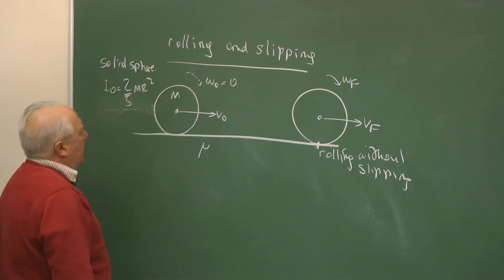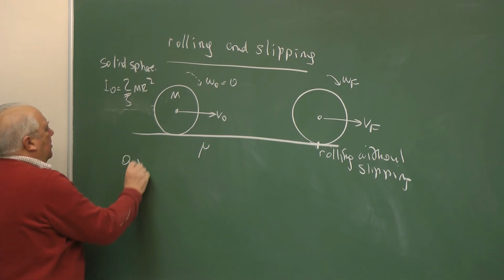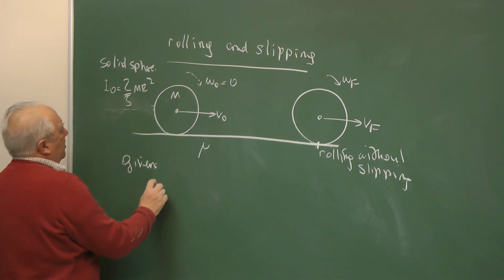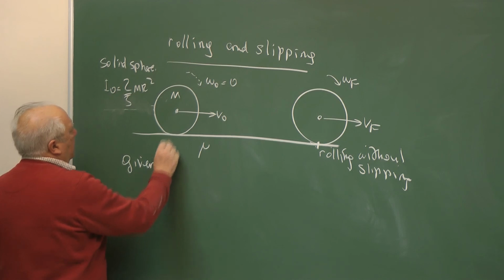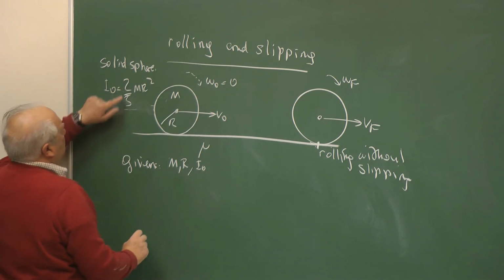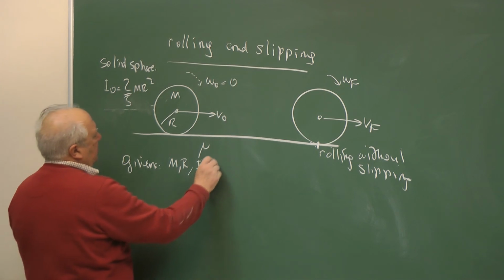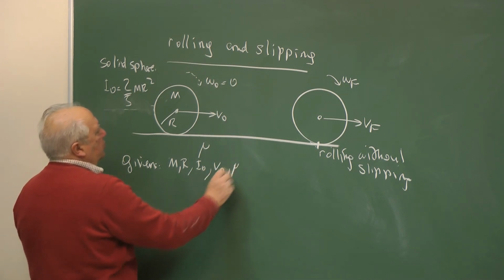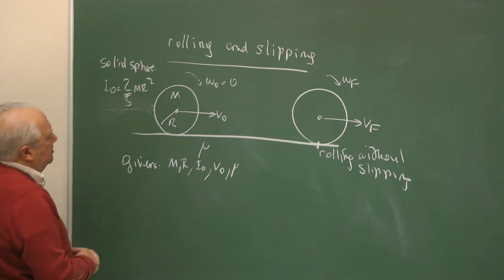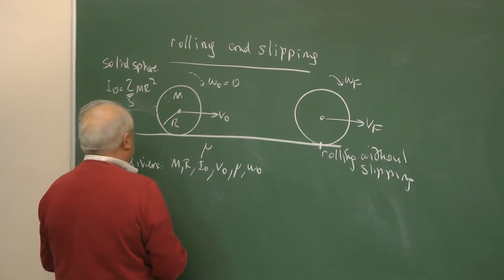Let's say given m, r, I0, which is 2/5 mr squared, and v0 and mu, and omega 0 is 0.